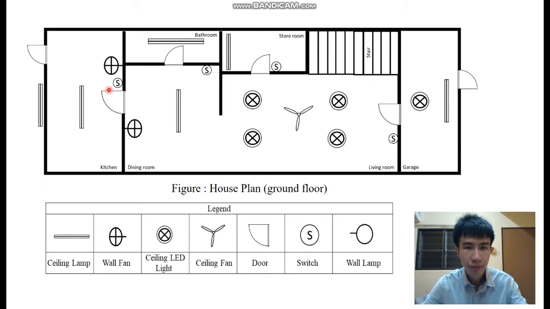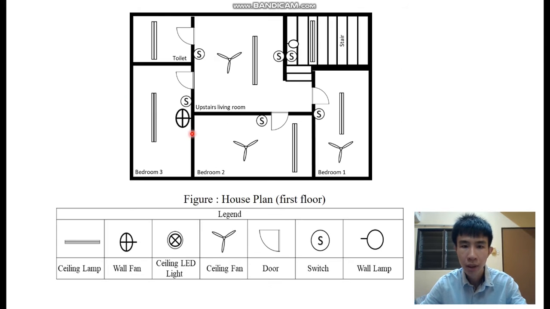We enter the first floor. There is one ceiling lamp and one wall lamp here. The switch is here. We enter the first bedroom: one ceiling lamp and one ceiling fan, and the switch is here. In the second bedroom, one ceiling lamp and one ceiling fan, and the switch is here.